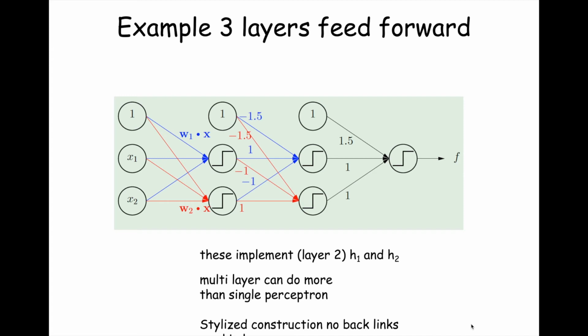Okay, and so if you think about it, this is a type of hypothesis, right? And depending on the setting of the weights, that's going to select a different stylized hypothesis. We have some weighted sum of some inputs, and they're put through a threshold function. In this case, it's a hard threshold, but it doesn't have to be a hard threshold.